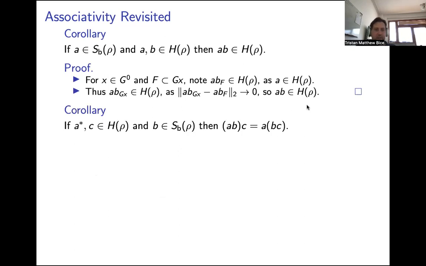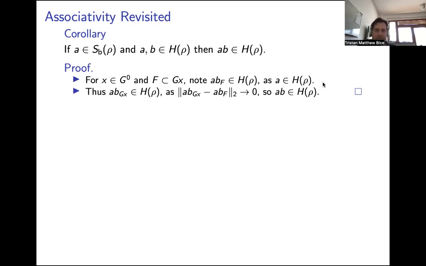So to prove this, we want to use the fact that we know H of rho is complete, right? So let's see. Take some fixed unit X, and take some finite subset F consisting of groupoid elements whose source is X. Look at the corresponding product when B is restricted to F. Well, we know that's within H of rho, basically because this is a sum.